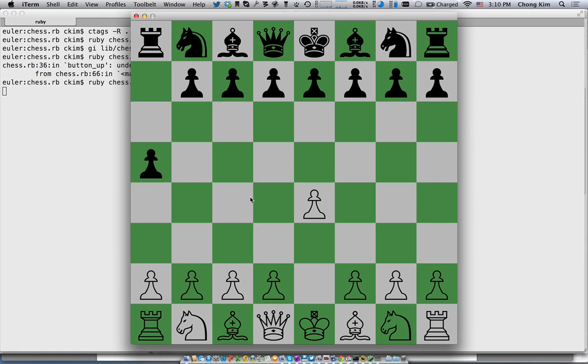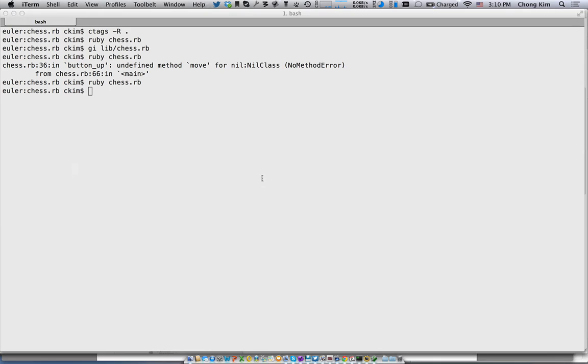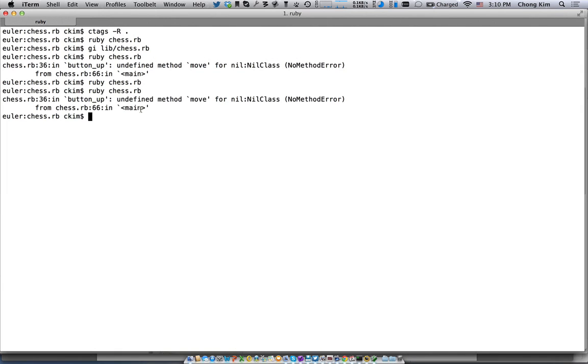Interesting. Why did that happen? Let's do this again. This really shouldn't have made a difference. So if I run this again, I make a move. Does it crash? Yes, it crashes. Let's see what's up with this.